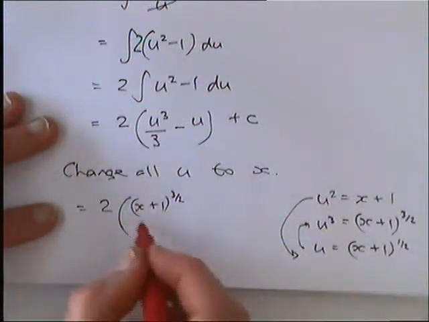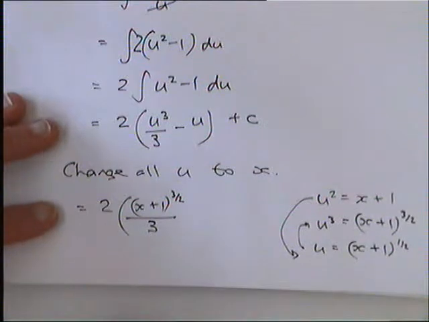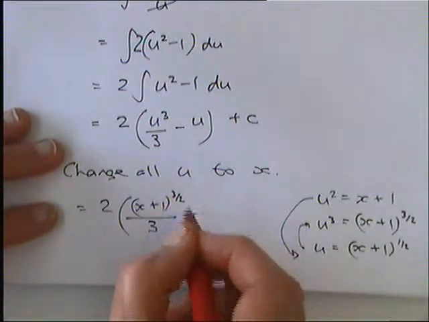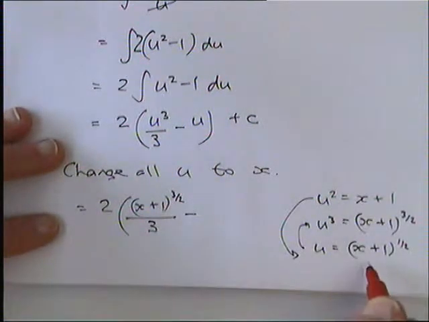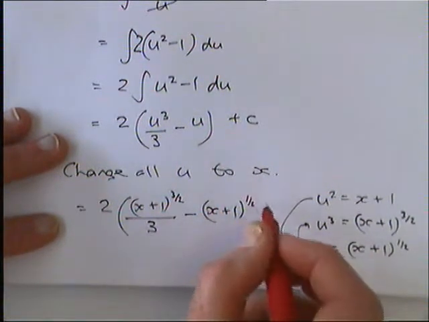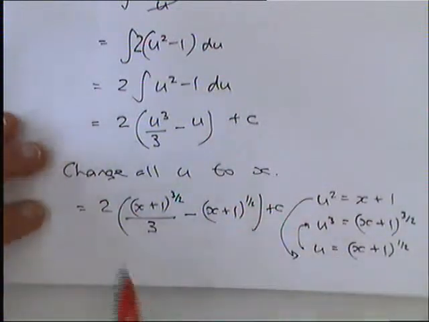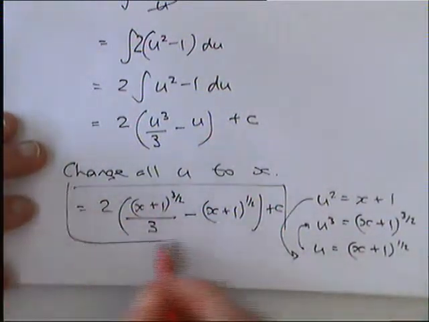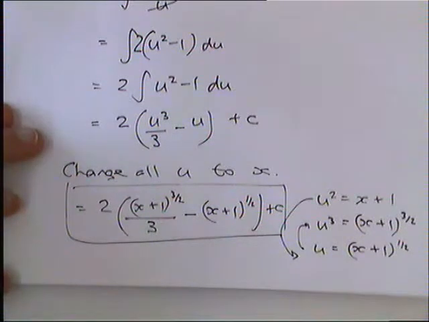That needs dividing by 3. And then I've got to subtract u, which I've worked out over here. I'll close my bracket and plus c, and then that is the answer to my question.